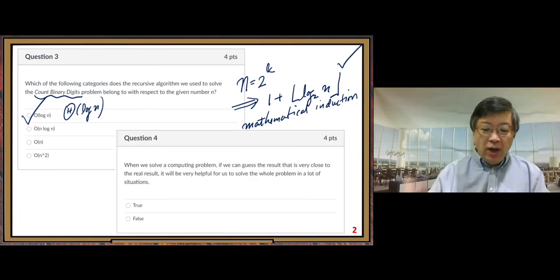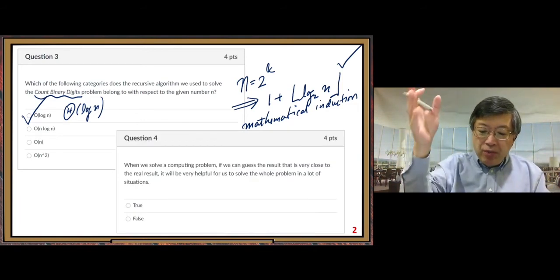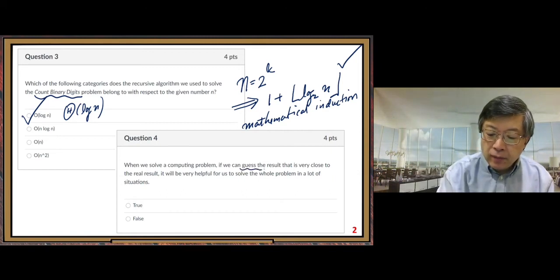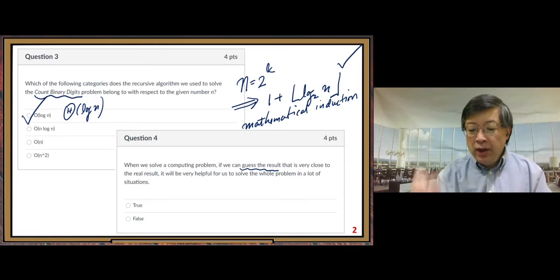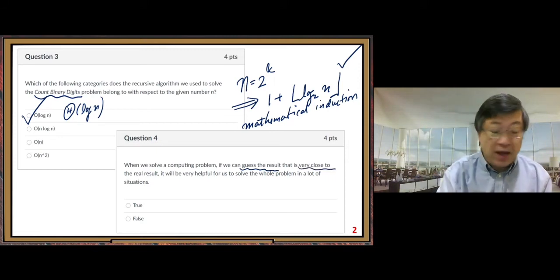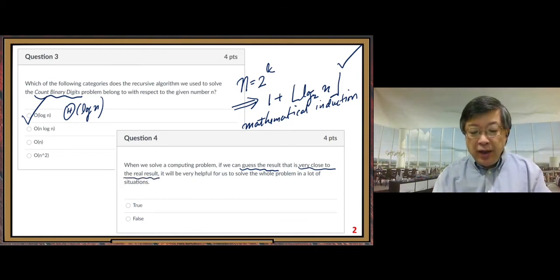Question number 4. When we solve a computing problem, if we can guess a result that is very close to the real result, that's not easy, but it will be very helpful for us to solve the whole problem in a lot of situations.